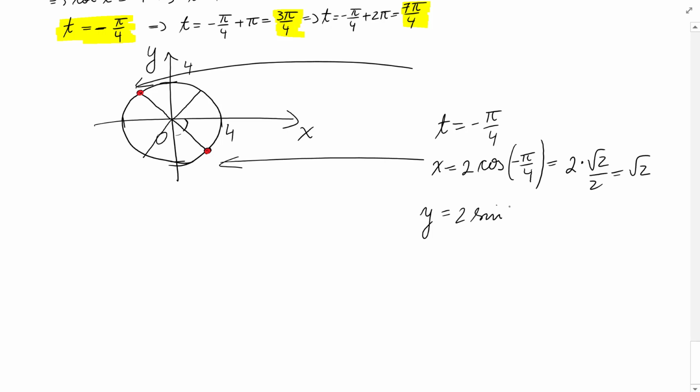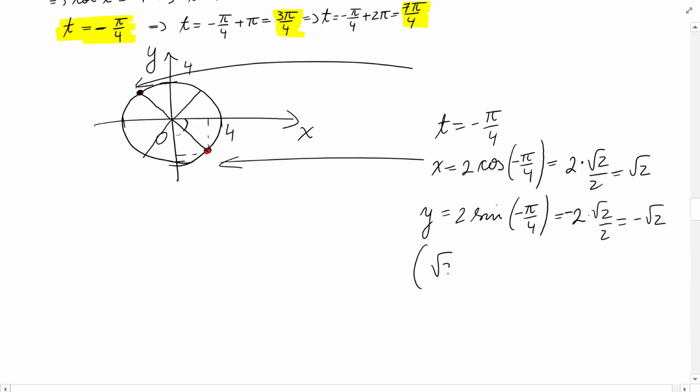And y equals 2 sine of negative pi over 4, we know sine is an odd function, so it's negative. Sine of pi over 4 is square root of 2 over 2, so we get minus square root of 2. So the point at t equals negative pi over 4 has coordinates square root of 2, negative square root of 2, and it does make sense because x is positive and y is negative.